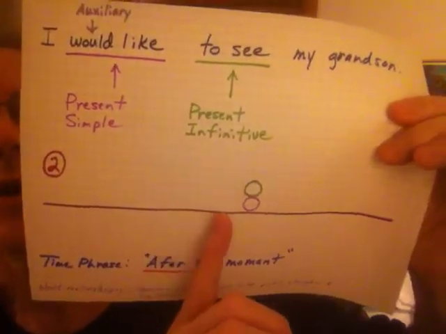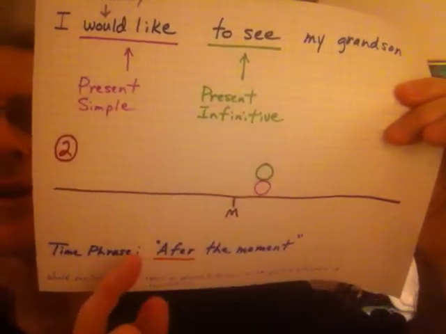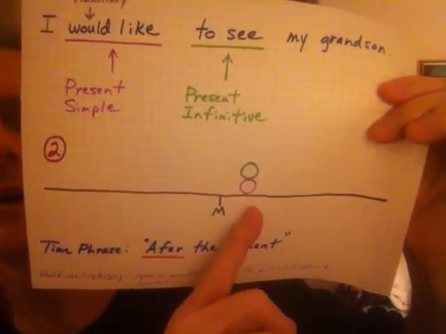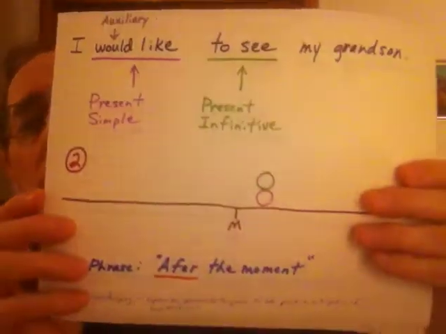Okay? What's going on here with these verbs, the action of the verb is after the moment. Now you see we had during the moment, and now we just had after the moment, okay? So we're moving right along. Don't take 5 years to do this video.